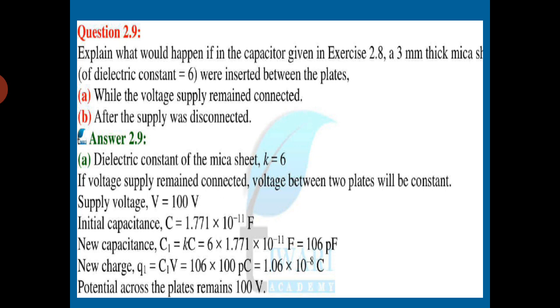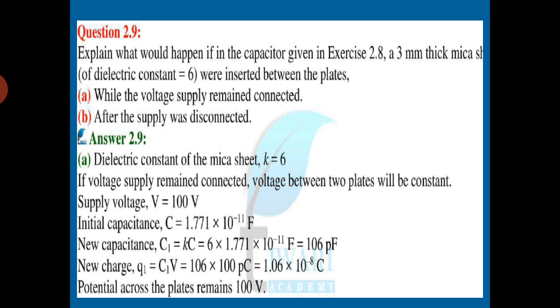What will be the new charge when the supply remains connected? New charge, say Q1, will be equal to C1 into V. C1 is the new capacitance, V is the supply which is connected. So 100 into C1, which is 106 picofarad.